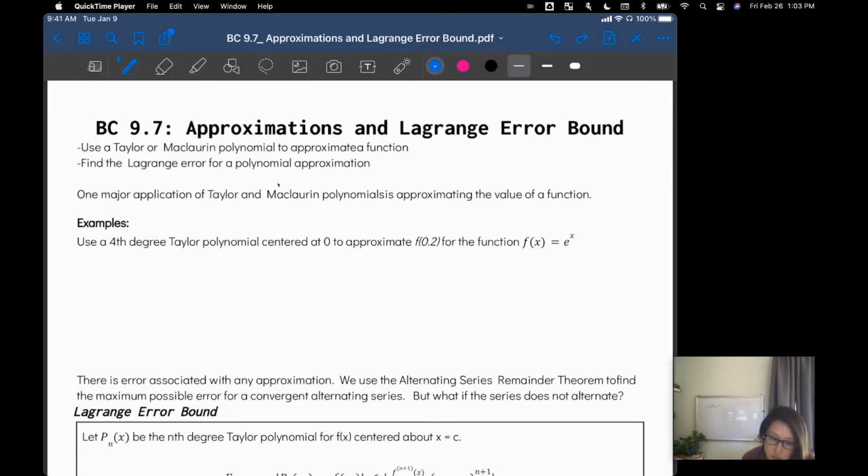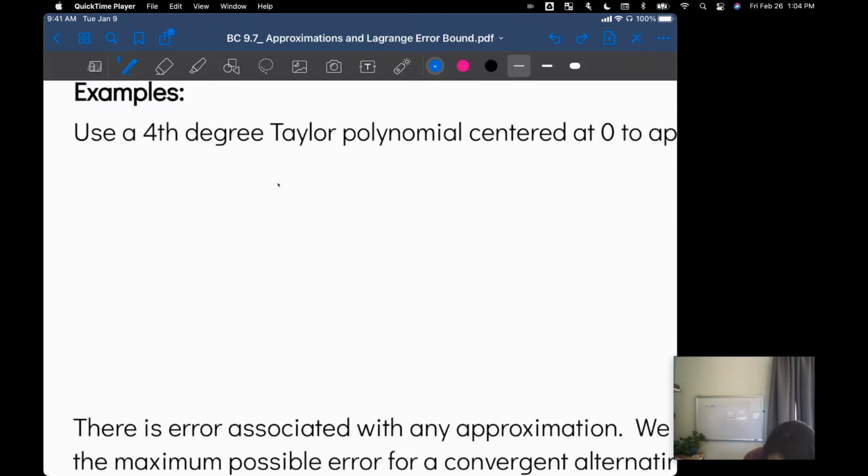Okay, so what we're going to do is expand our polynomial to the fourth degree, and we're going to center at x equals 0 and approximate the function f of 0.2 for the function e to the x.